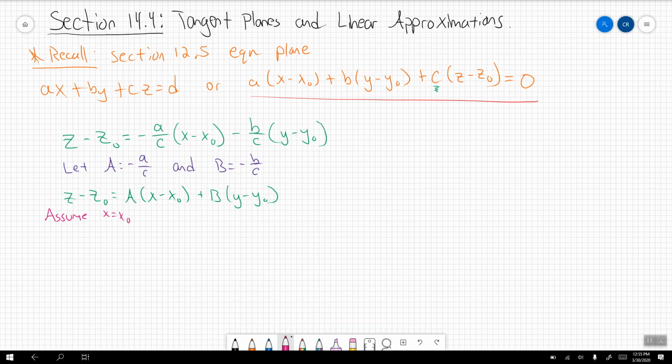Now, if x is equal to x naught, then z minus z naught is equal to b times y minus y naught. And the reason this occurs is, again, because this a times x minus x naught, if they're the same value, then that just cancels. So here, we're actually left with this really nice result.